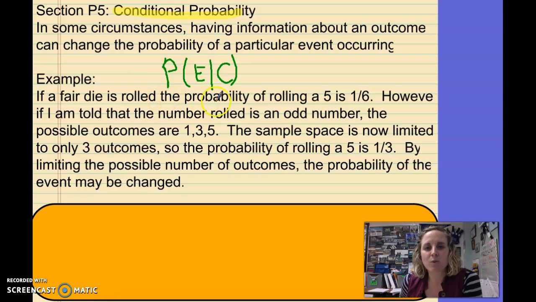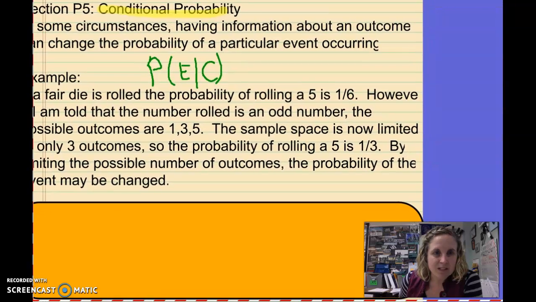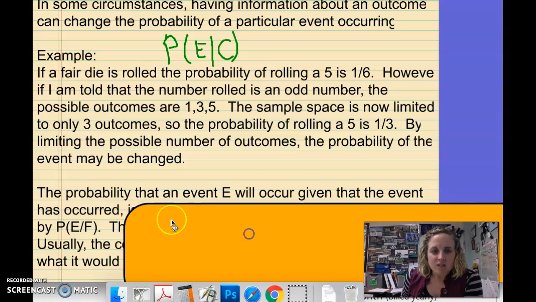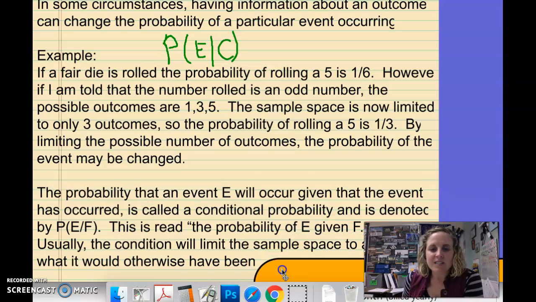If a fair dice is rolled, the probability of rolling 5 is 1 out of 6. However, if I'm told that it's an odd number, it reduces our total chances. So instead, we know that instead of 6 outcomes, we now only have 3 outcomes. 5 is one of those options.